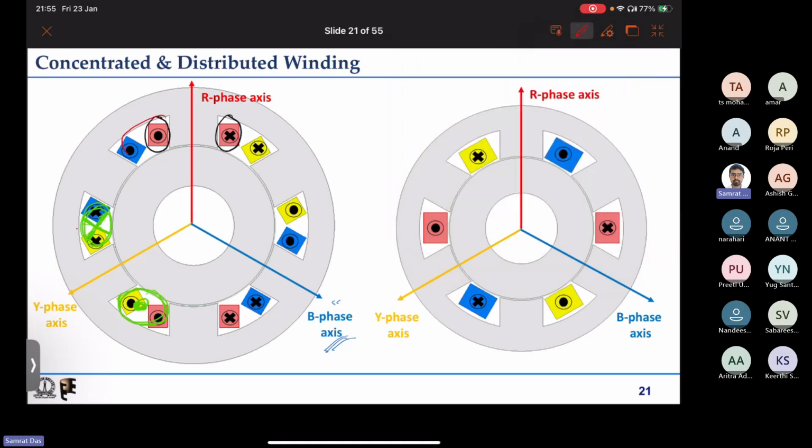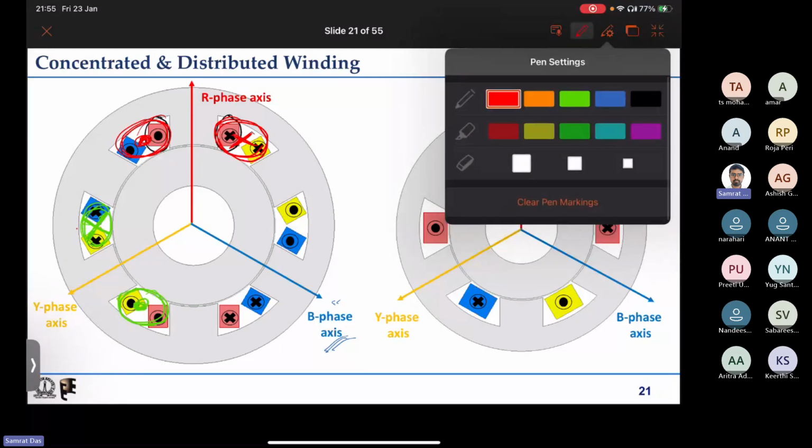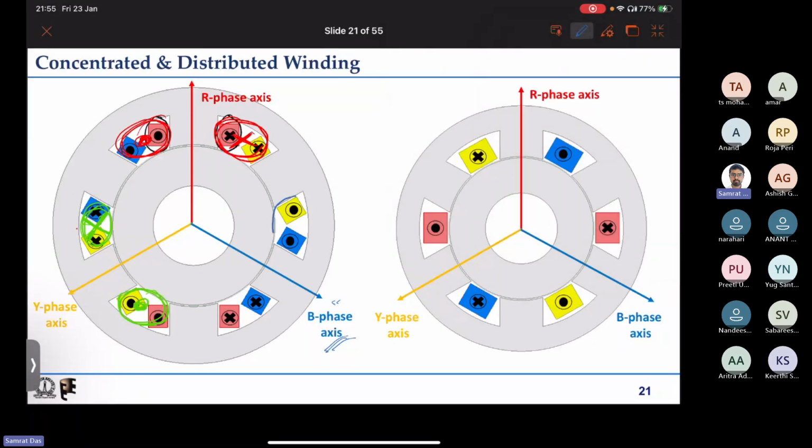Then blue: we'll have the entire thing as blue dot, and the entire thing as blue cross. Is it what you are referring to?